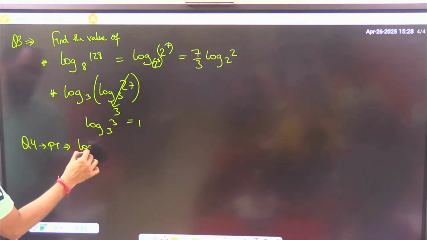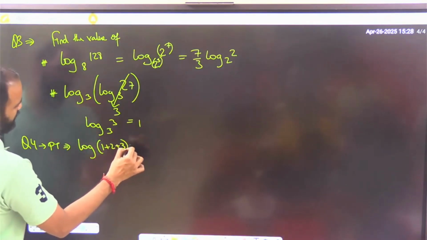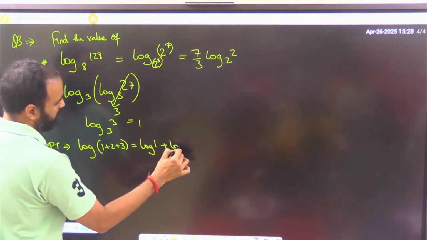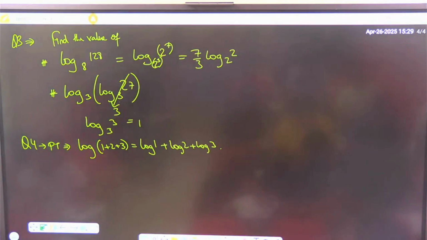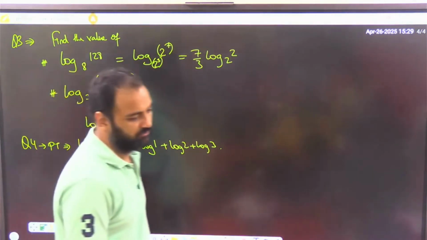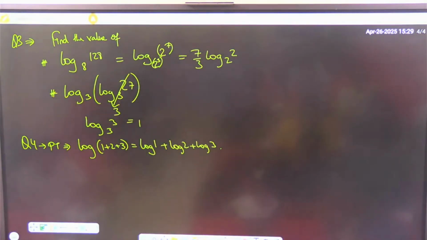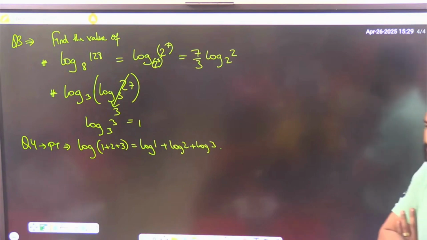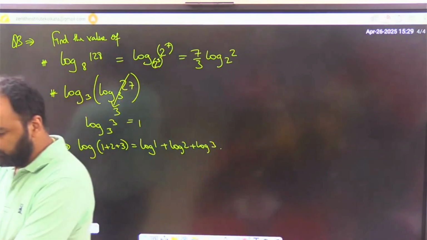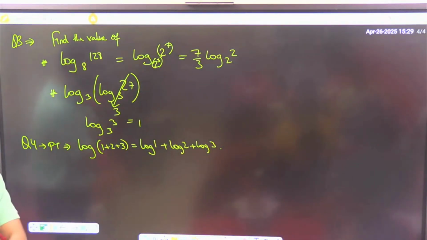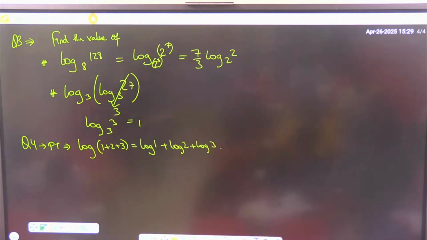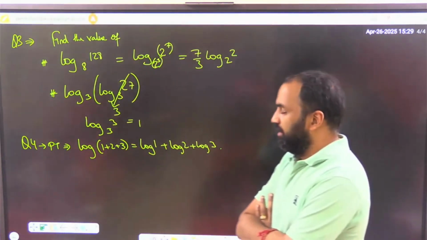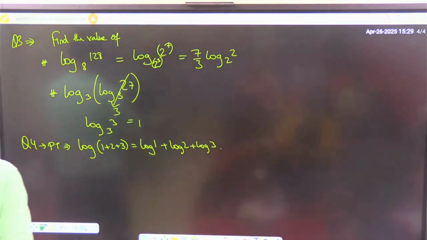Prove that log of 1 plus 2 plus 3 is log of 1 plus log of 2 plus log of 3. If you look at the properties, what is the related property?